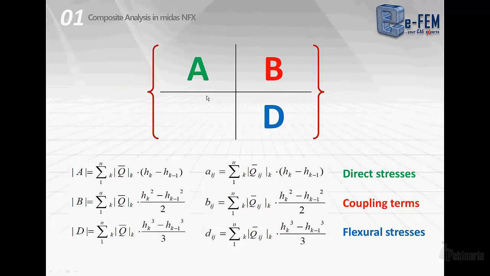So matrix A is related to Nx, Ny, and Nxy stresses. The B term is the coupling term, and the D terms are related to the flexural terms of the matrix.